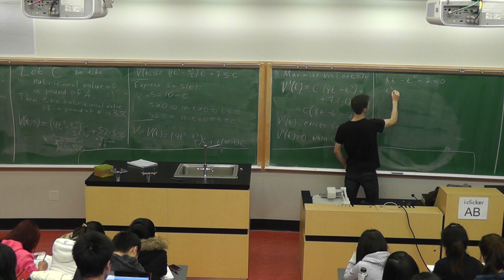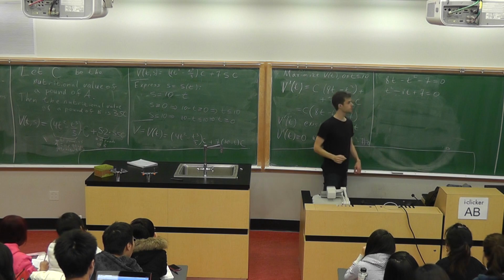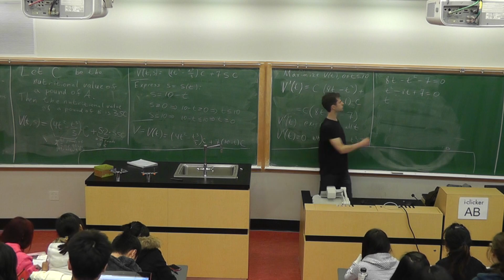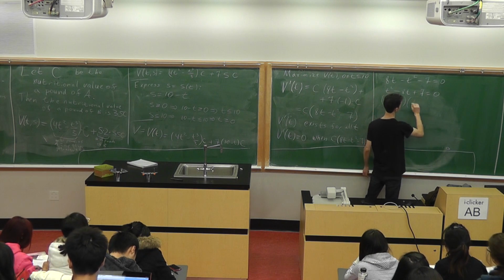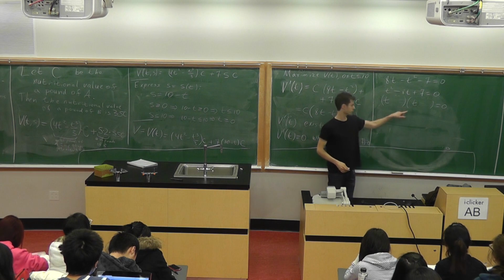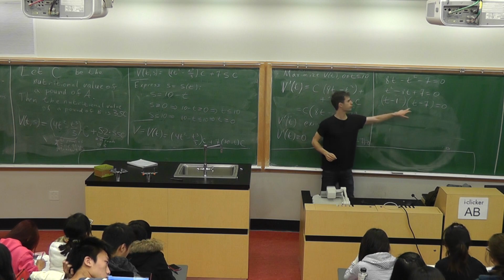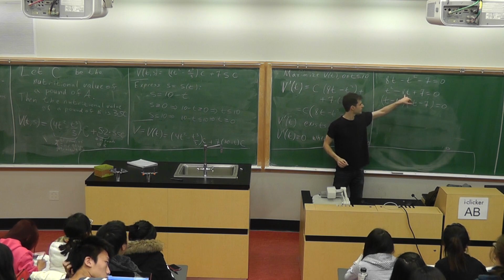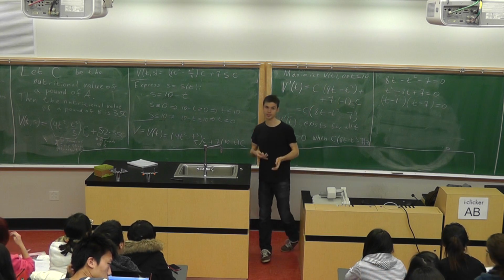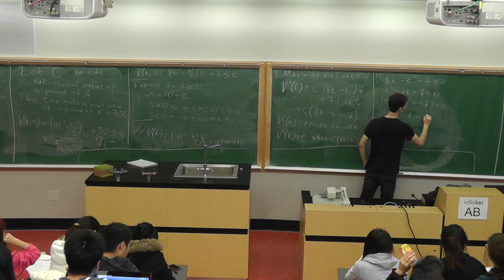We rearrange this as t squared minus 8t plus 7 is equal to 0. Now factor this. So it should be t plus something times t plus something is equal to 0. So you are looking for two numbers whose sum is equal to 8 and whose product is equal to 7, and it's easy to guess those. It's just 1 and 7. So we get two answers. T is equal to 1 and t is equal to 7.